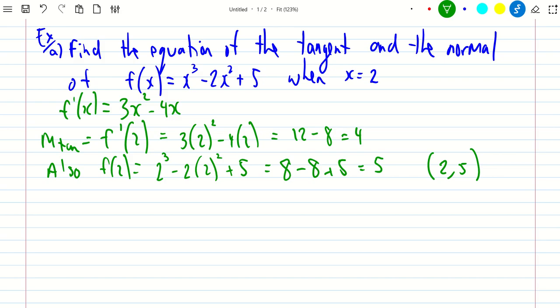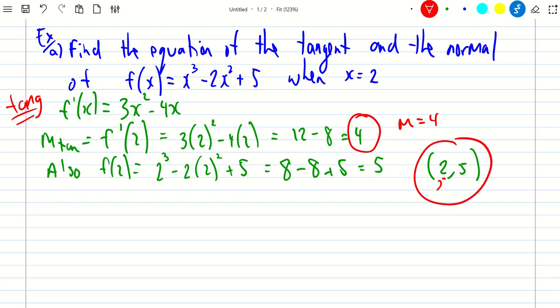Okay. So what we've got here, remember, we've got our gradient. Our gradient is 4. Okay, so I'll just write it here as a reminder. m is equal to 4 for the tangent. We're finding the equation of the tangent. m is equal to 4, and it goes through this point here, and so that's my x1, y1. So therefore we've got y take away 5 is equal to 4 times (x take away 2).